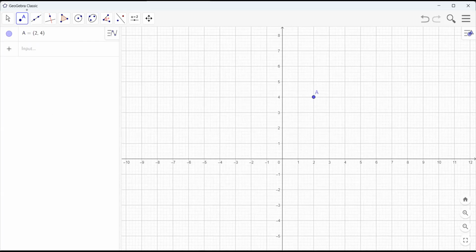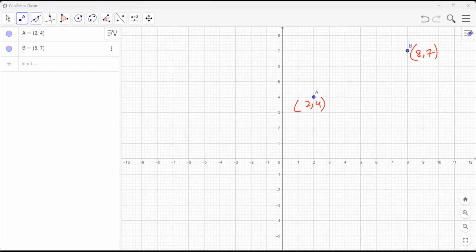For example, look, I plotted 2 points for you. Our first point is 2 comma 4, and our second point is 8 comma 7. Yes people, are you with me?